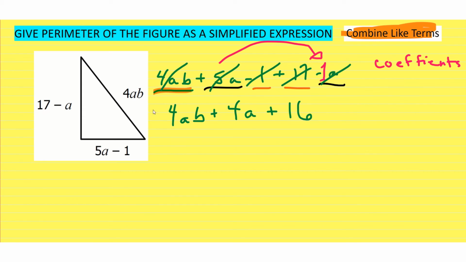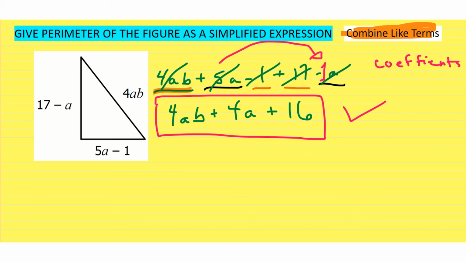So technically, this is the correct answer. And we can sometimes rearrange them, and it doesn't make a lot of difference. But sometimes they want us to clean it up just a little bit. So we might want to put the 4A first because it only has one variable.